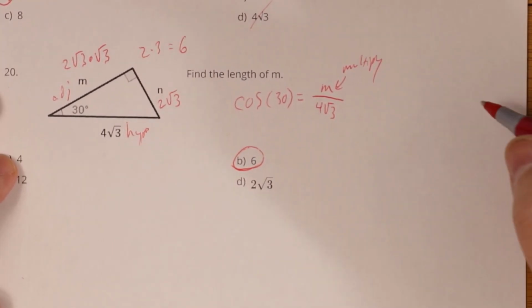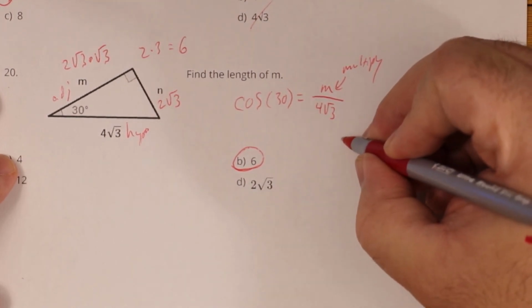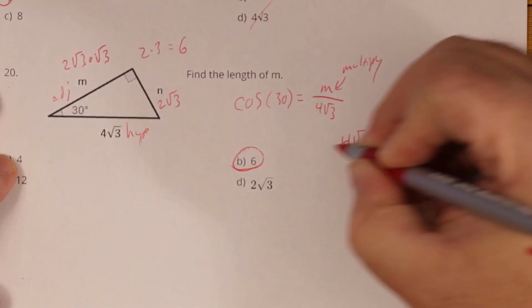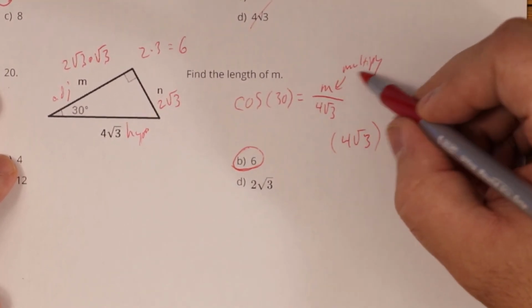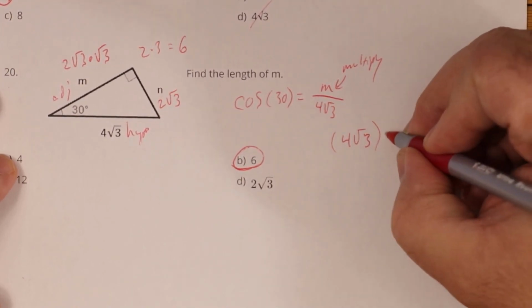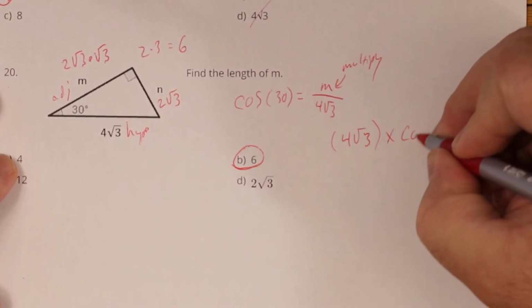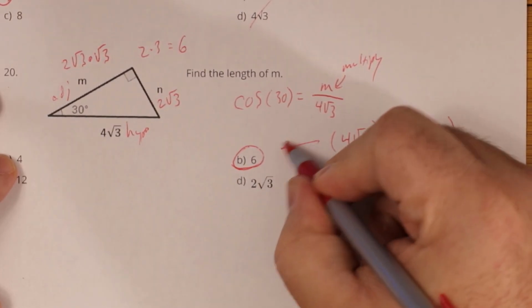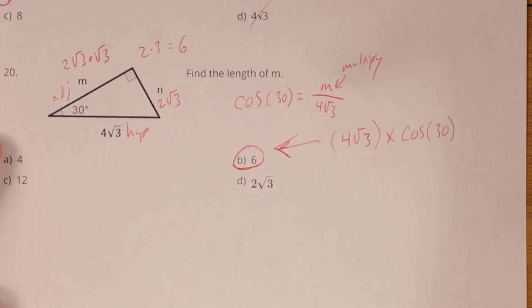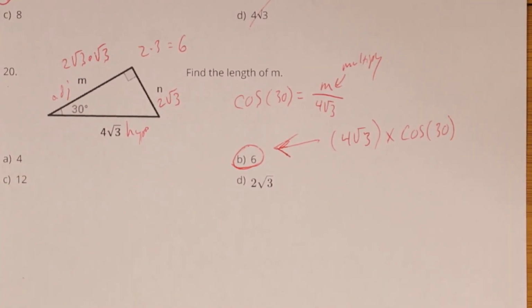Then in the calculator, you put the number first. I highly recommend you put those parentheses because it is kind of an ugly number. Variable is on top, so you multiply after that, and then cosine of 30. It's going to get you the same exact answer. But you have to be more careful because that 4 square root of 3 makes it a little bit tricky.